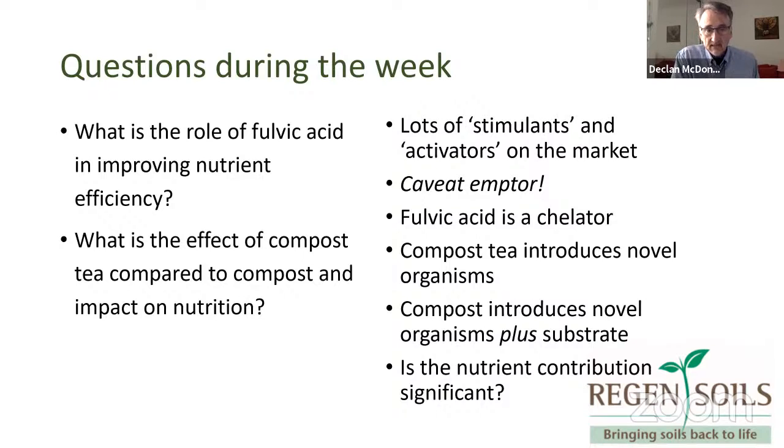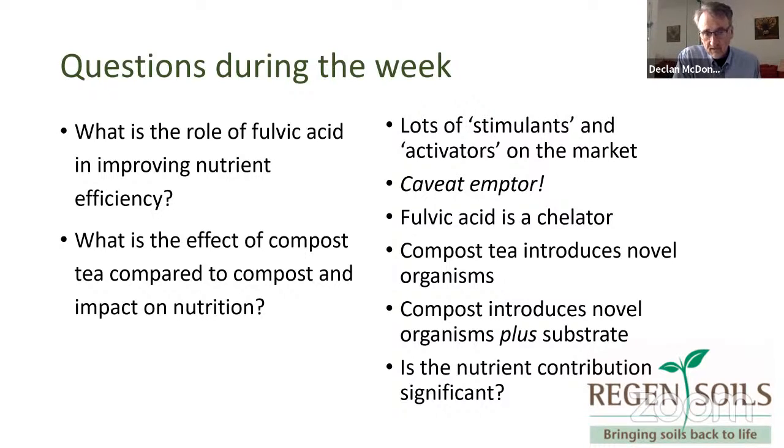Fulvic acid is effectively a chelator. It's also a carbon source, and it's a bacterial food, so they'll access that very quickly. But I think the real value of fulvic acid is if we're foliar feeding and applying it with fulvic acid, it will contribute significantly to the efficiency of plant uptake.